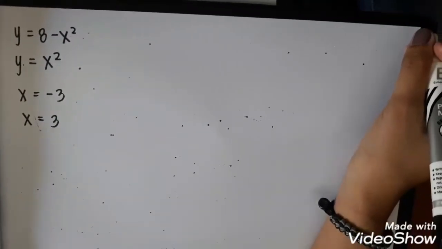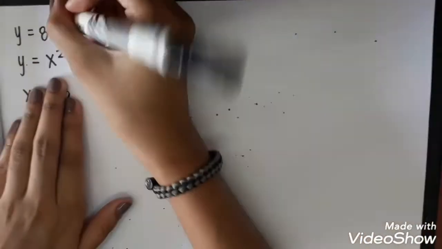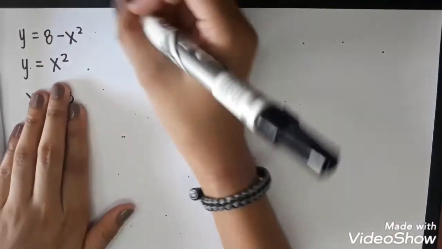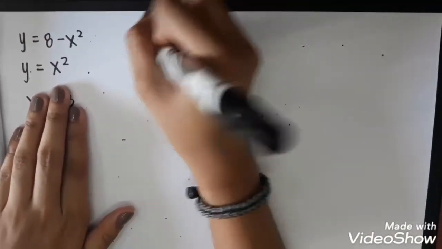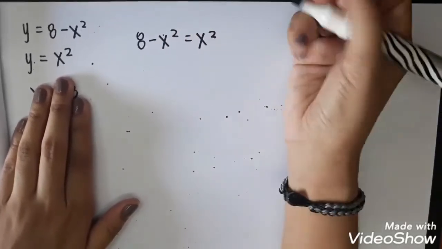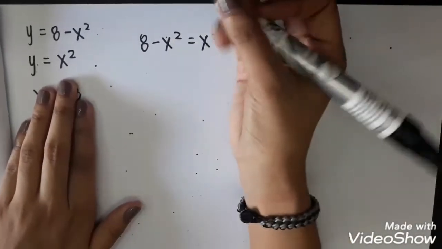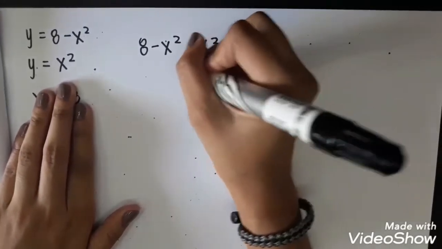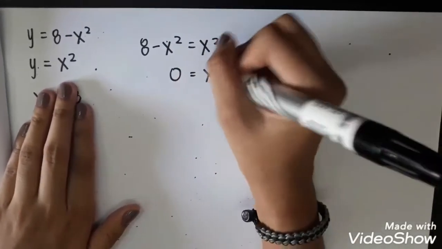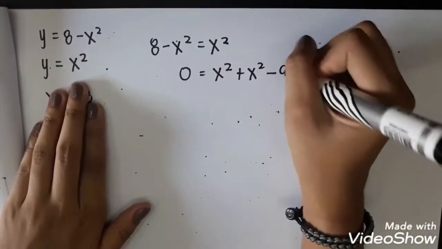So we can figure out the points of intersection by setting them equal to each other. 8 minus x squared is equals to x squared. Then let's equate it to 0. So it's going to be 0 is equals to x squared plus x squared minus 8.